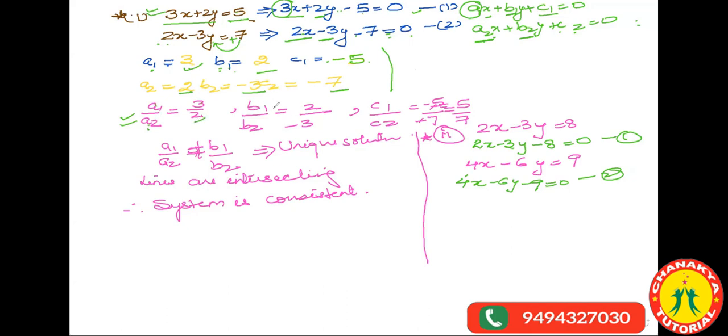Now the value of B1 upon B2: B1 is 2 and B2 is minus 3. Now C1 upon C2: the value of C1 is minus 5 and the value of C2 is minus 7, so it will be 5 upon 7. So Siddhishri, are they equal, beta? A1 upon A2, B1 upon B2 and C1 upon C2?